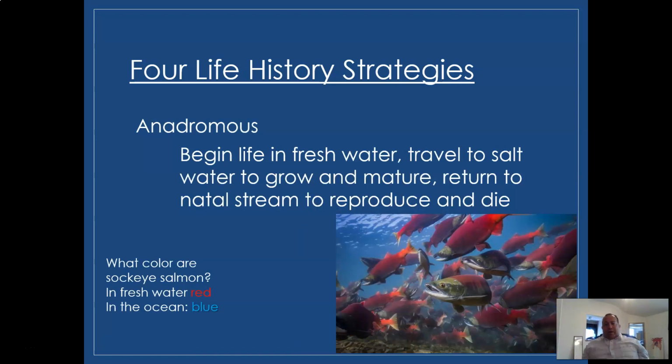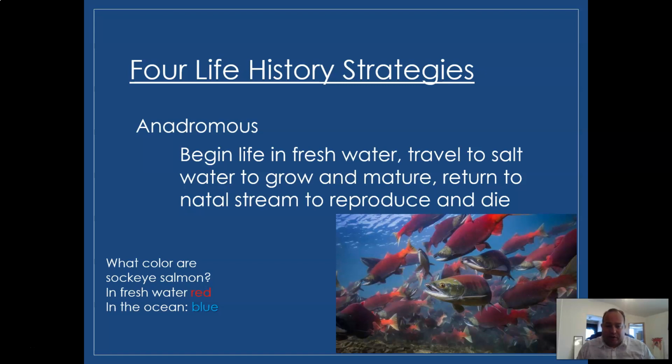Now, this is where it gets kind of interesting. So you have anadromous. So anadromous fish begin their life in freshwater, then they'll travel to salt water to grow and mature, and then they'll return to their natal stream, the actual one that they were born in, to reproduce and die. And so that is, to me, an amazing life history strategy, the amount of effort that the fish have to put in to make that happen.